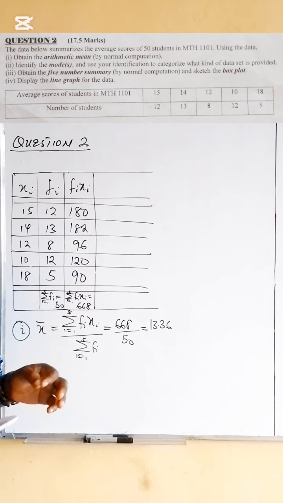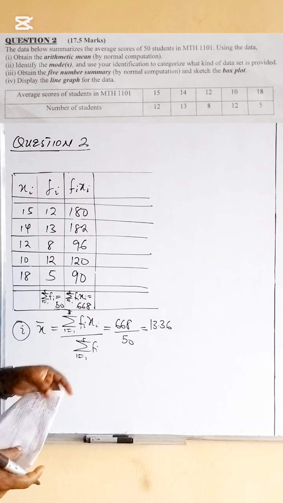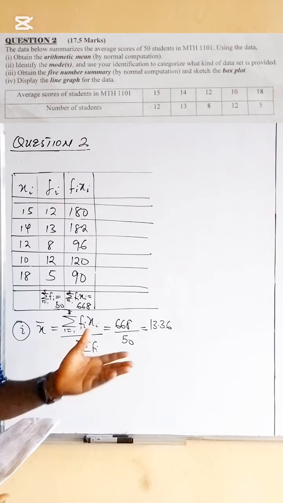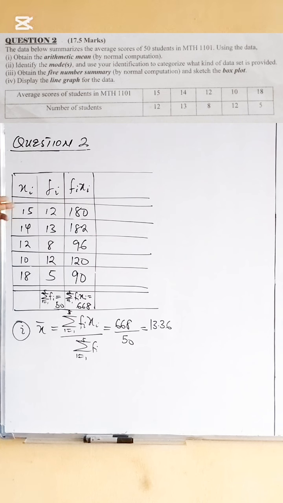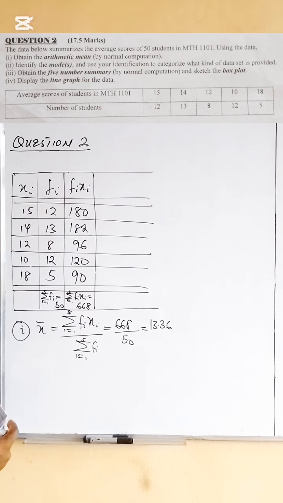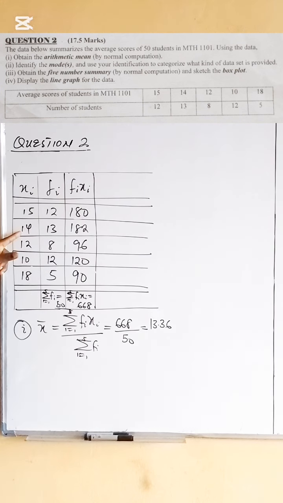Let's now move over to part 2. It says identify the modes and use your identification to categorize what kind of data set is provided. Looking at our data entry, we have 15, 14, 12, 10, 18. Now we have 10 occurring 12 times, 15 occurring 12 times. However, even though 10 and 15 occur 12 times apiece, you will notice that the data entry that occurs the most is 14, because it occurs 13 times.